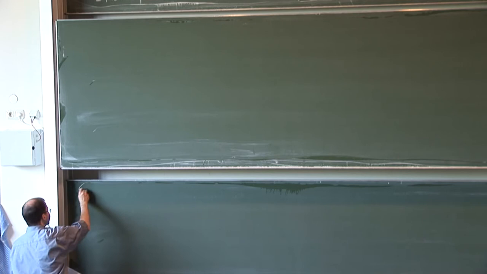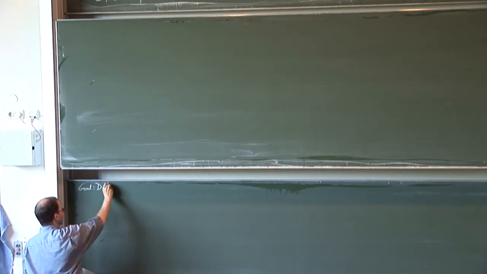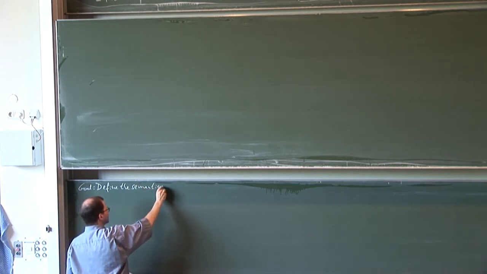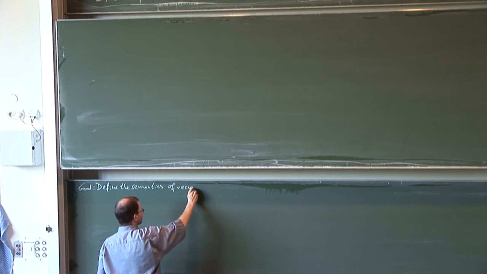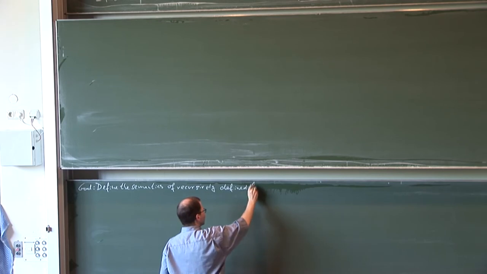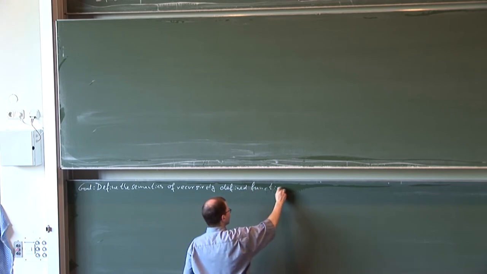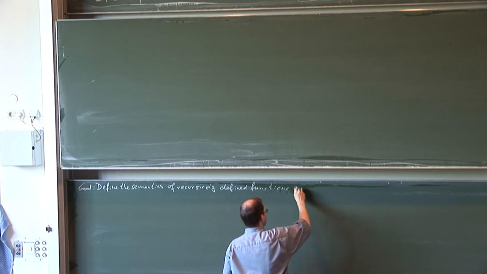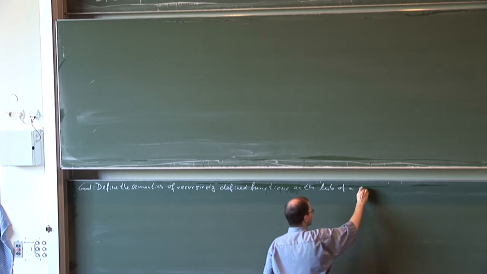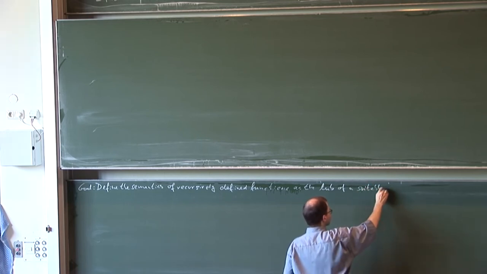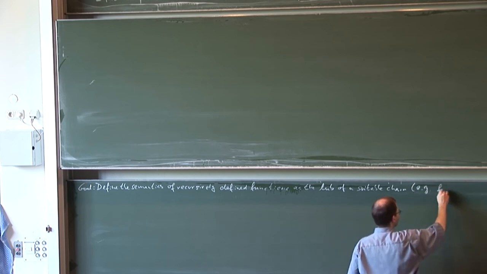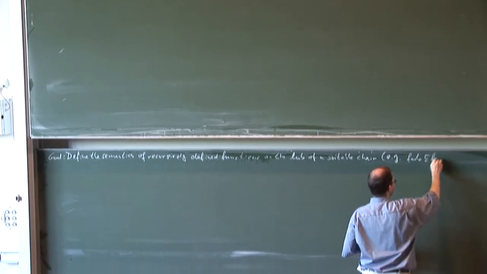So our goal will be to define the semantics of recursively defined functions like the factorial functions as the least upper bound of a suitable chain. So for example, a chain like fact 0 less than or equal than fact 1 and so on.